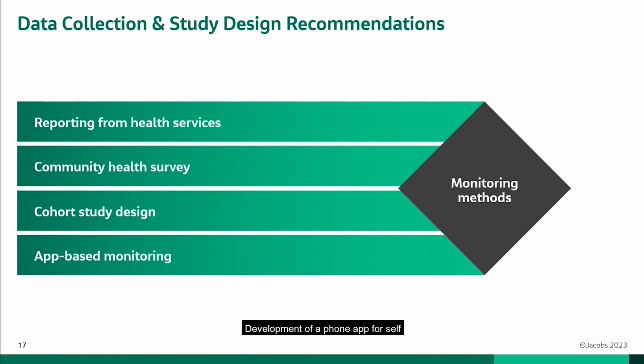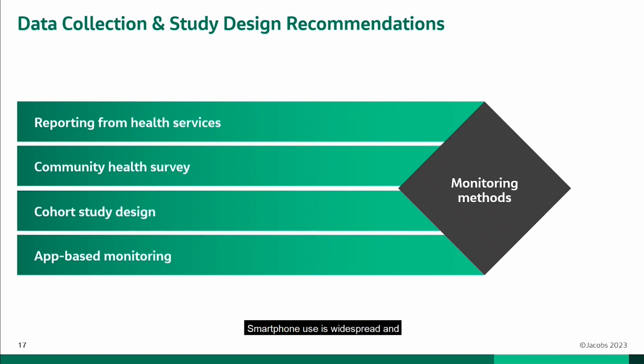Development of a phone app for self-reporting of symptoms would enable real-time data to be received. It would be the most effective means of gathering data on acute mild symptoms. And in the event of higher than expected reporting of symptoms, a response could be triggered to investigate possible causes.